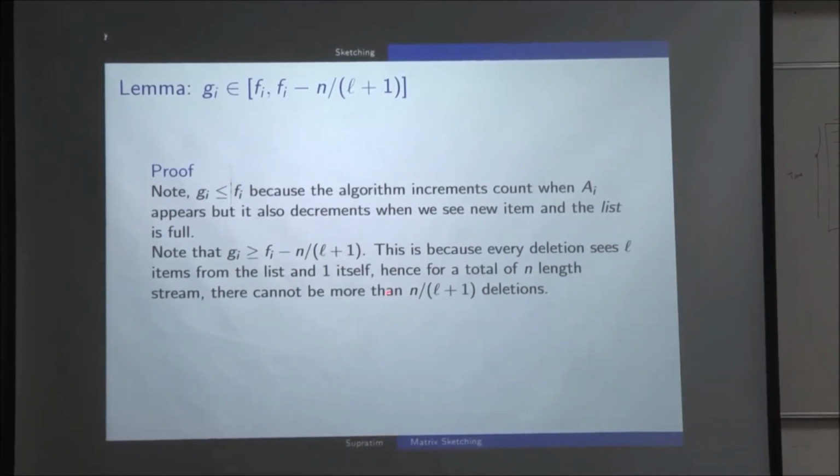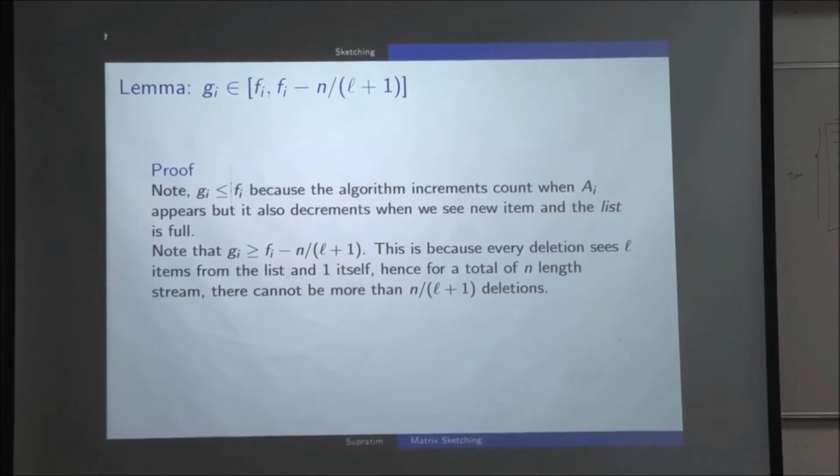So every deletion removes L plus 1 items that are not being counted in our sketch, and there are a total of n items, an n-length stream. So there cannot be more than n over L plus 1 deletions, or else we would have run out of stream, and this is over the whole stream from 1 to n. By combining these two, we see that Gi can lie between Fi and the upper bound Fi minus n over L plus 1.